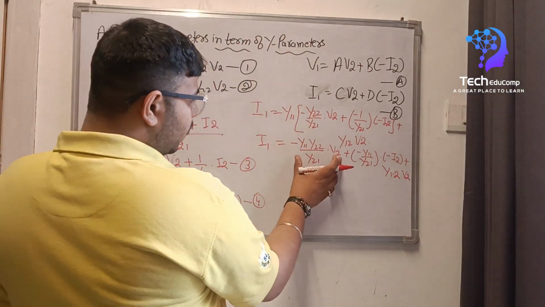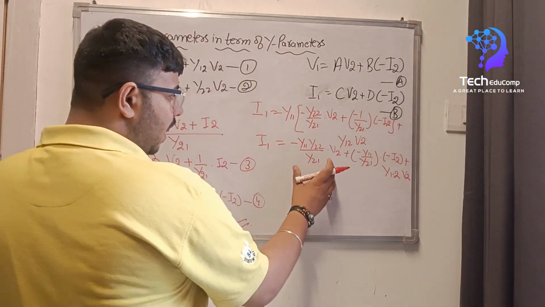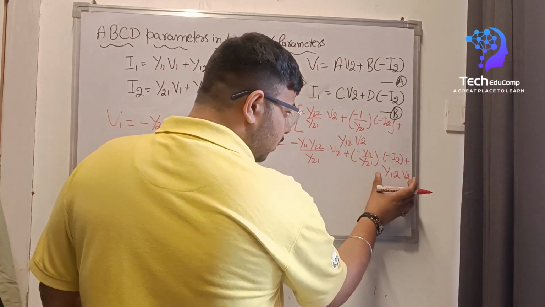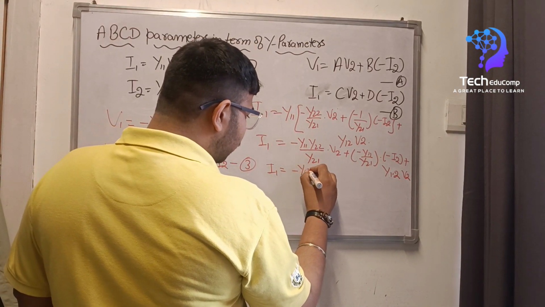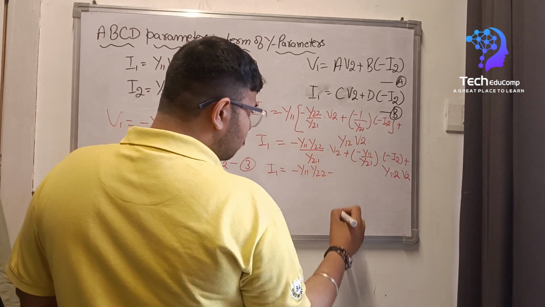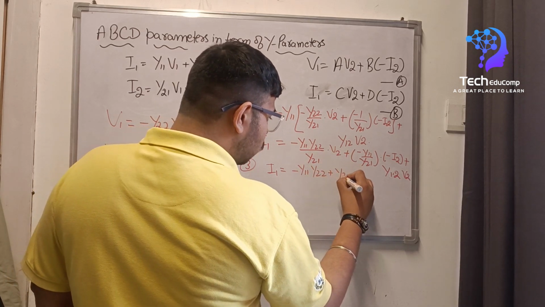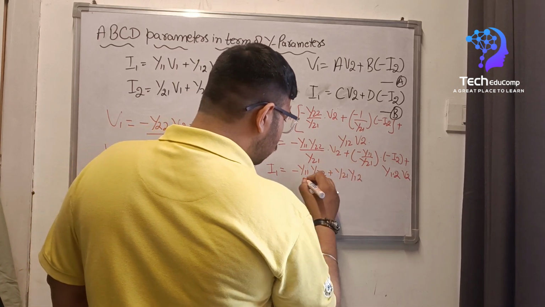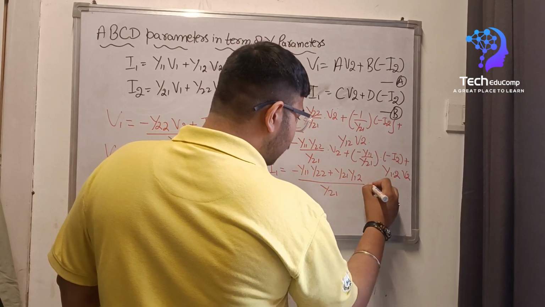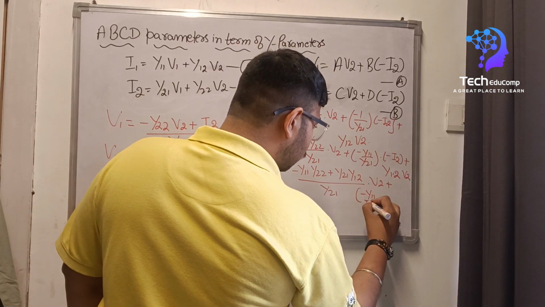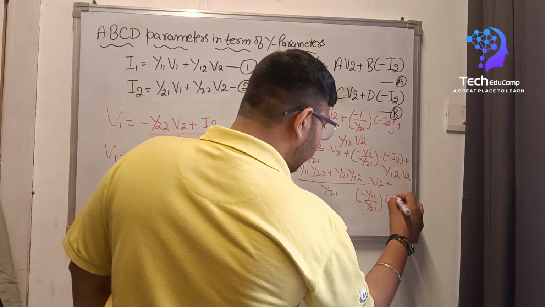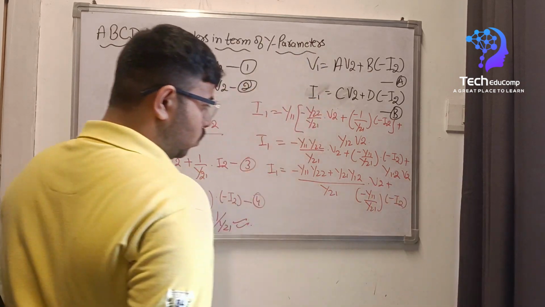Now, taking Y21 as LCM for the first and third terms, I1 equals minus Y11 into Y22 plus Y21 into Y12 upon Y21 into V2 plus minus Y11 upon Y21 into minus I2.